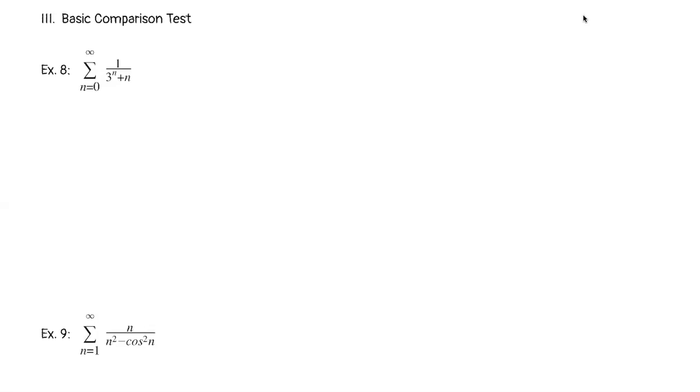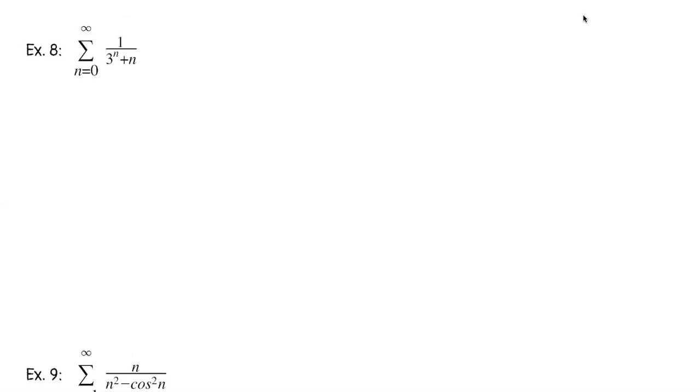So let's take a look at example 8. We've got the infinite series of 1 over 3 to the n plus n. We've come fresh off of the integral test, so I can imagine if I wanted to set up an improper integral, it would be the integral from 0 to infinity of 1 over 3 to the x plus x dx.